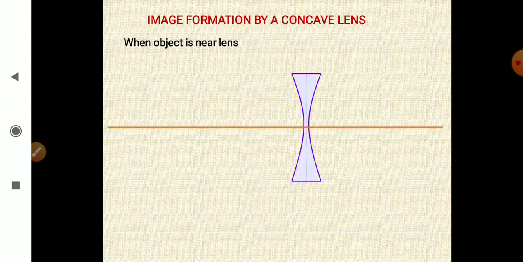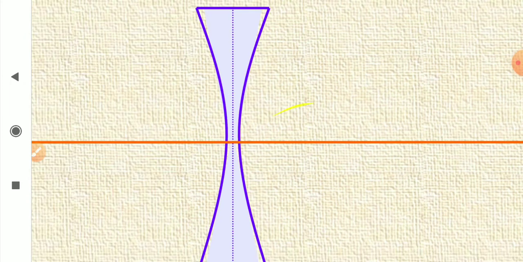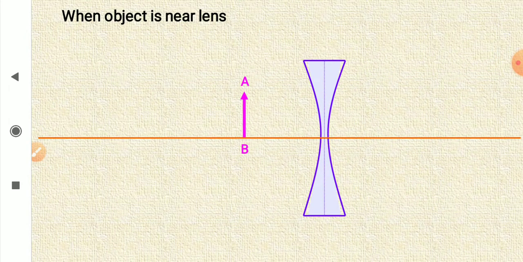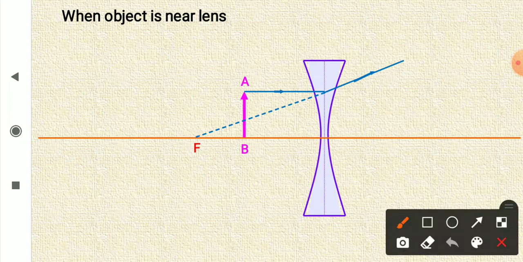Image formation by a concave lens when the object is placed near the lens. Look at it. Now we are placing the object nearer to the lens, object AB. Now by definition, a ray which is coming parallel to the principal axis, after refraction will diverge, and when you produce it backwards, it will meet at its focus.